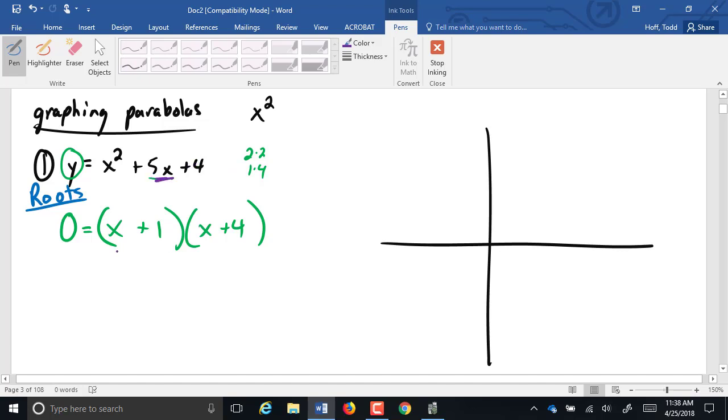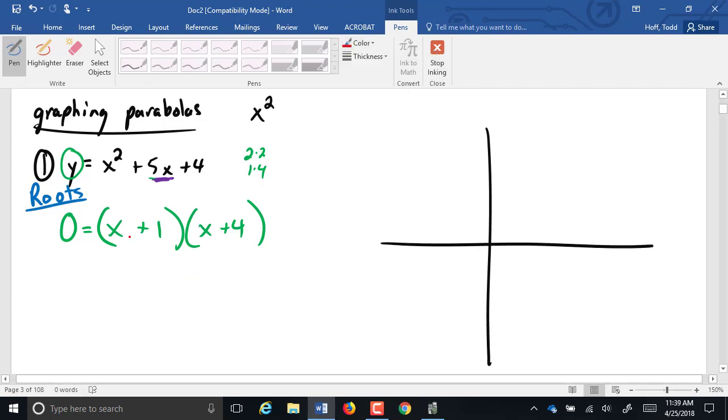If you recall, that center term comes from the outside product and the inside product added together. So we've got x times 4 is 4x on the outside. On the inside, we've got 1 times x is 1x. 4x plus 1x is 5x, and that is what we wanted. So that is the proper factoring.